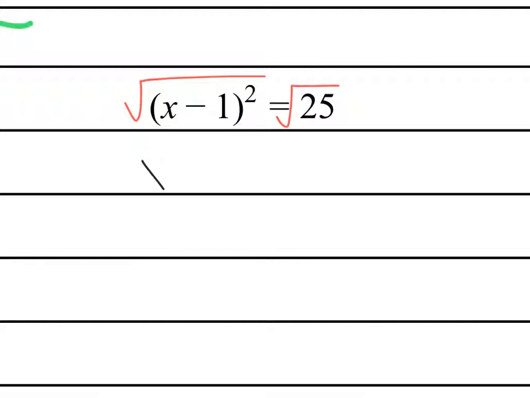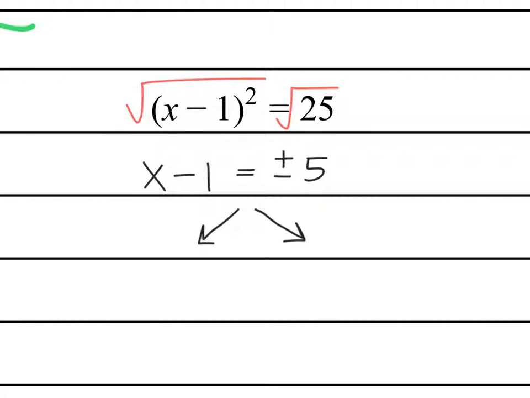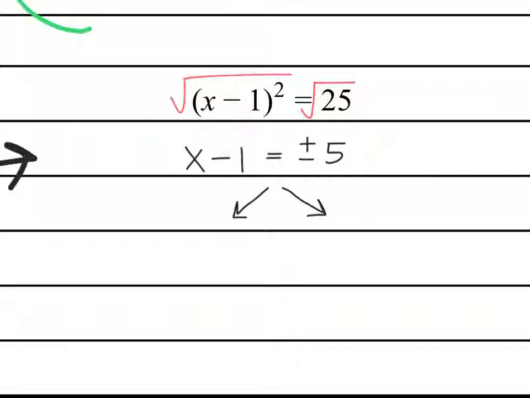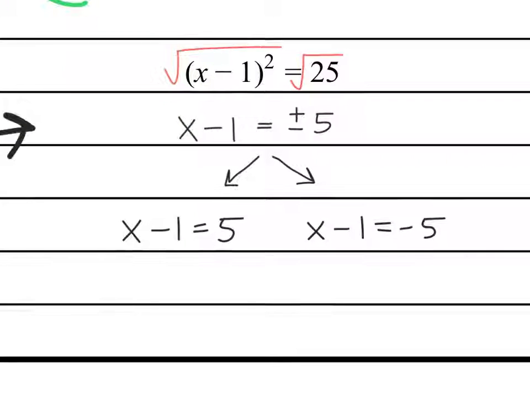So you have to say x minus 1 equals plus or minus 5. You're going to split this up into 2 parts because there's 2 equations here. X minus 1 equals positive 5 and x minus 1 equals negative 5. And you have to solve both because there's 2 x-intercepts.